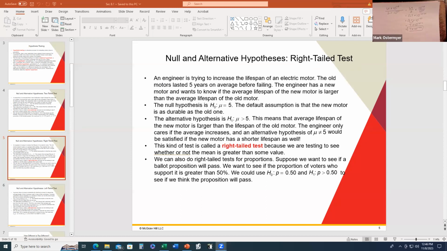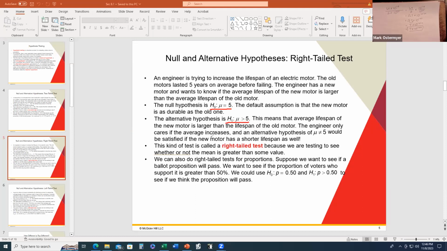So the alternative hypothesis would be stating that the mean lifespan of this new motor exceeds 5 years. The null hypothesis says that the mean lifetime of this new motor is equal to 5 years. These would be the hypotheses tested for this particular claim.